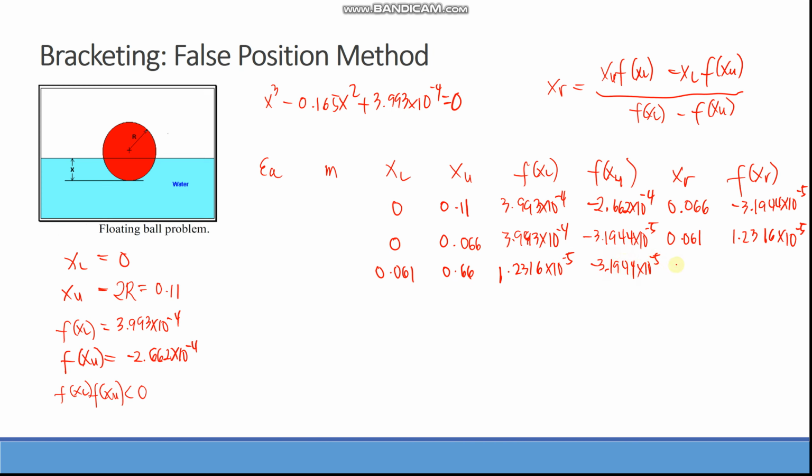Our new root is 0.062, and then we have the function at 3.368 times 10 to the negative 6.